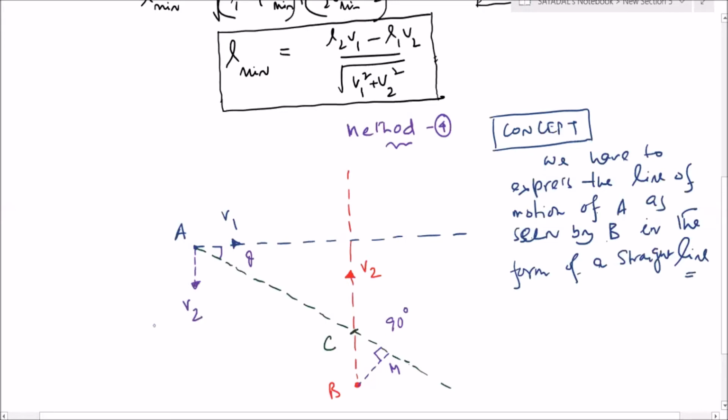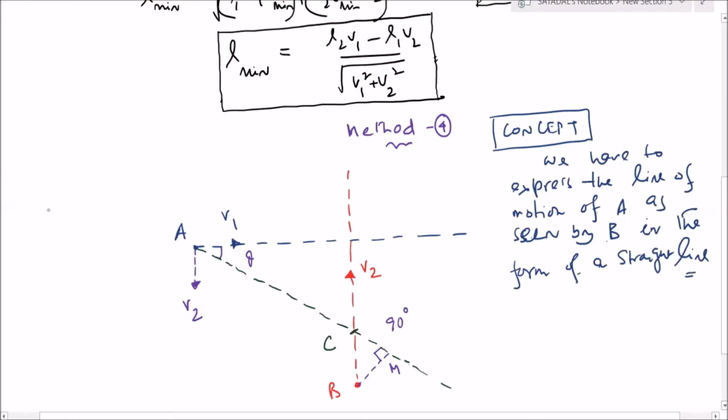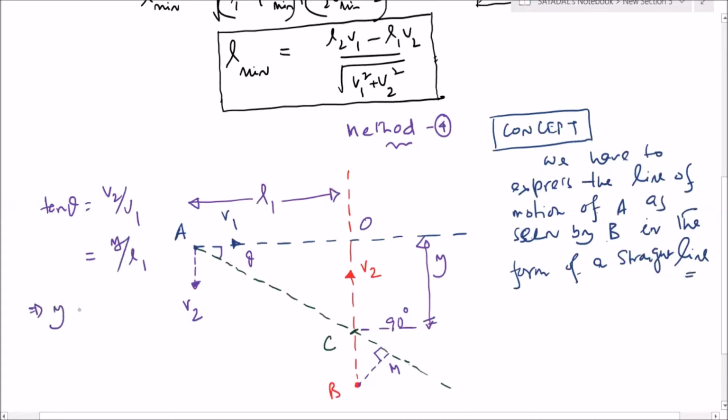This is v2. Few of the initial things I will write now only. Tan theta is equal to v2 by v1. This is point O. This we have taken to be y. If this is L1, then tan theta is equal to y by L1. So how much is y?